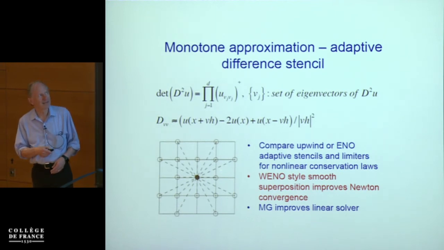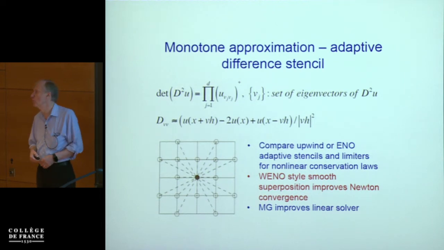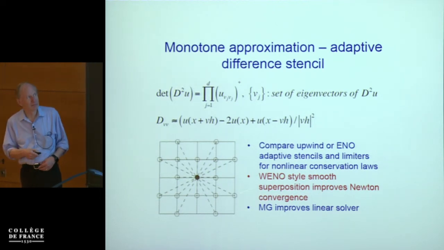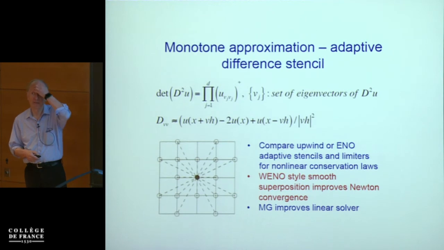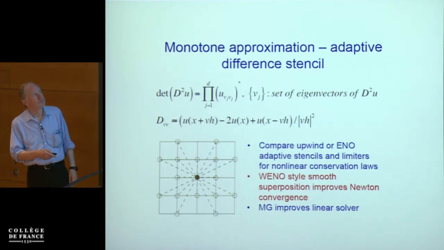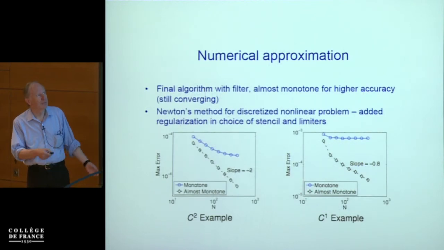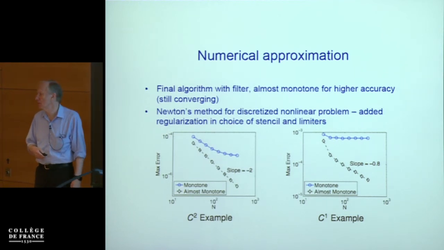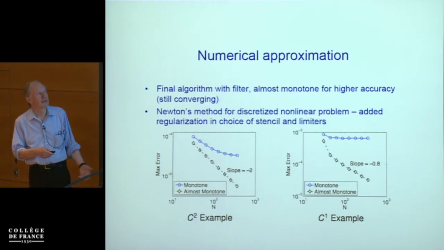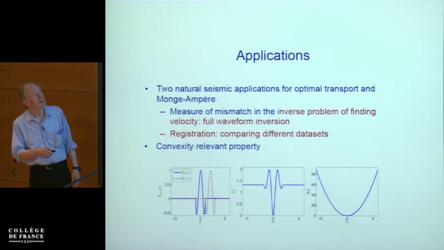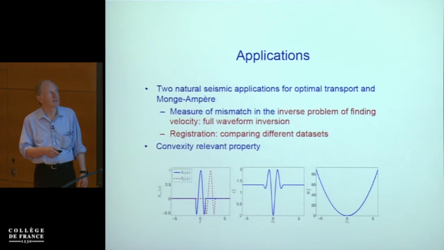So one can do the switching from one direction to another in a smooth way, as we have done in the past when it comes to nonlinear conservation laws, where you do upwinding in one direction versus the other. And then they had tests, and we also do tests where, for the convergence, you can relax the monotonicity to get a higher order method, still without proof in this case, but still doing well. So that would be the background on that setting.